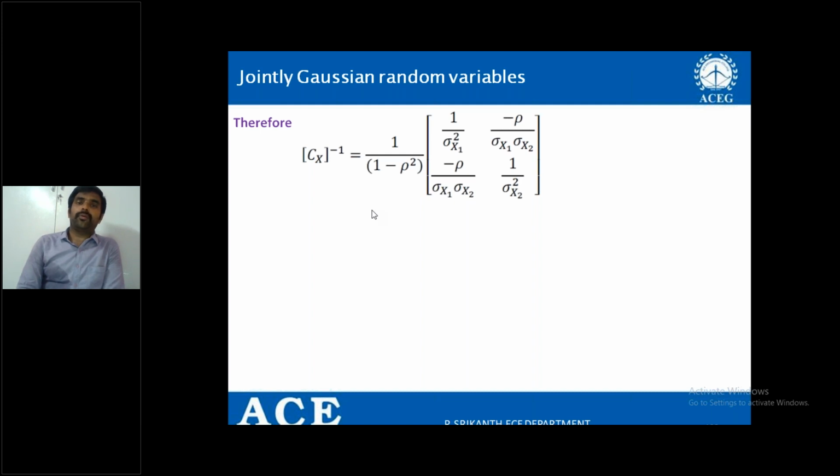We know the formula: 1 by AD minus BC into D minus B minus C A. I'm just writing the same way.